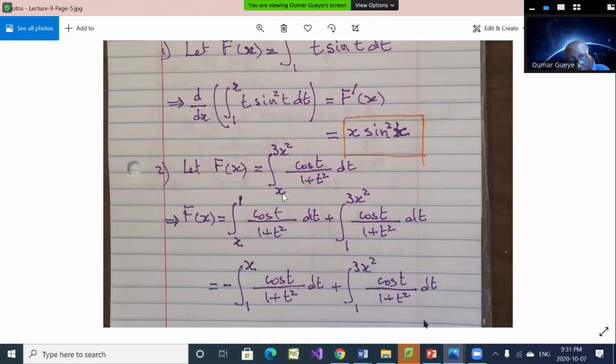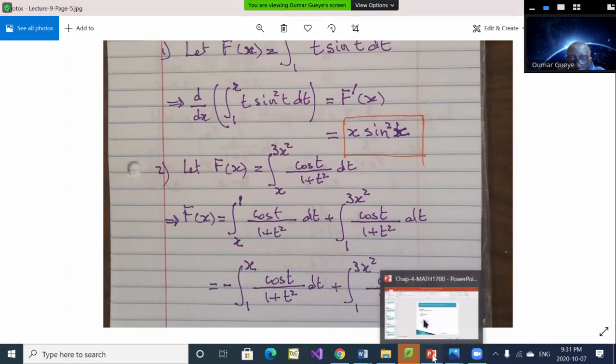What I did here is, integrating from x to 3x squared, I split it into two integrals: I integrate from x to 1 plus the integral from 1 to 3x squared. We saw yesterday this property: integrating from a to b, you can write it as the integral from a to c plus the integral from c to b.